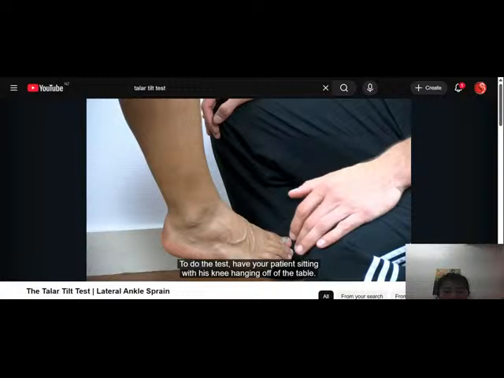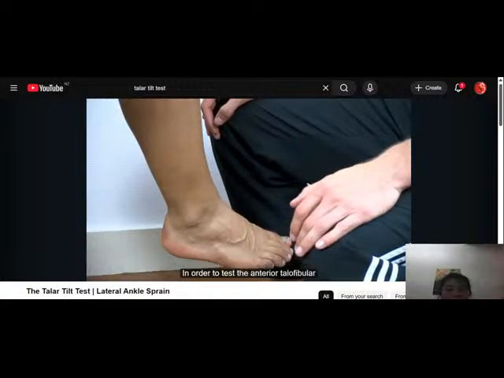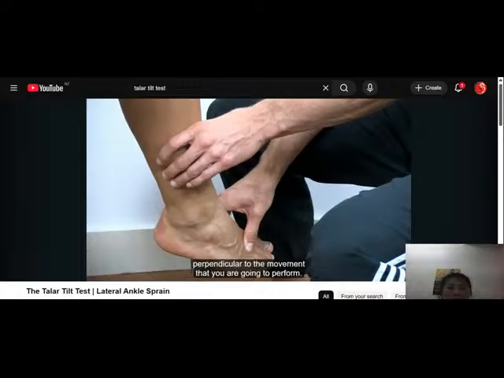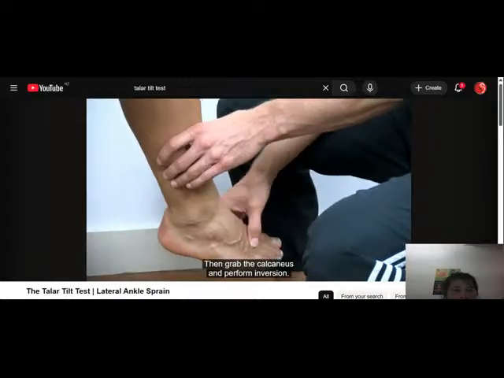To do the test, have your patient sitting with his knee hanging off of the table. In order to test the anterior talofibular ligament, bring your patient's foot into plantar flexion so that the ATFL is perpendicular to the movement that you are going to perform. Then, grab the calcaneus and perform inversion.